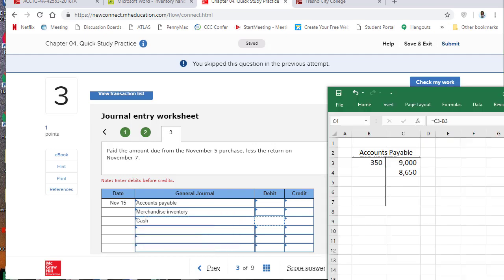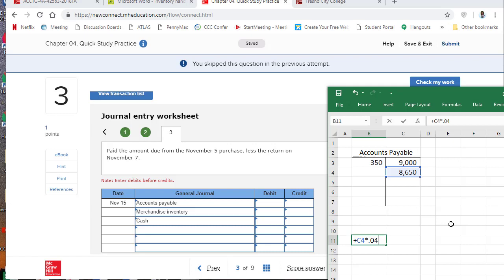Alright, so how do we figure out the amount? So we're going to take the $8,650 and multiply that by the 4%, so 0.04.